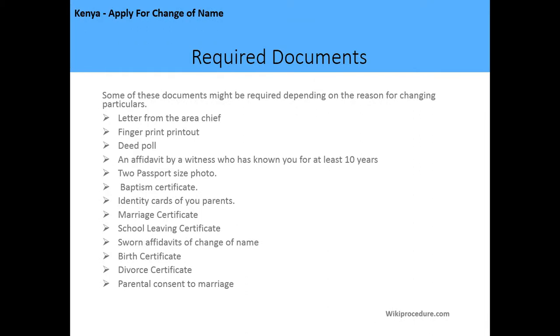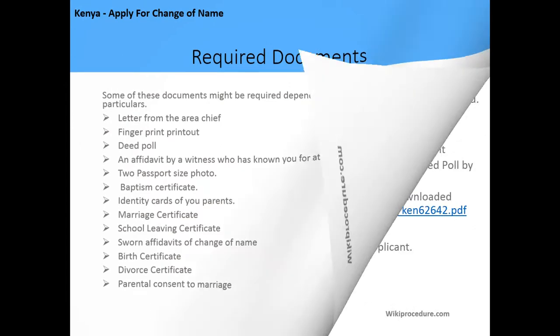Some of these documents might be required depending on the reason for changing the name particulars, and you may be required to produce a letter from the area chief, fingerprint printout, deed poll, an affidavit by a witness who has known you for 10 years, 2 passport size photos, baptism certificate, identity cards of parents, marriage certificate, school leaving certificate, sworn affidavits of name change, birth certificate, divorce certificate, or parental consent to marriage.